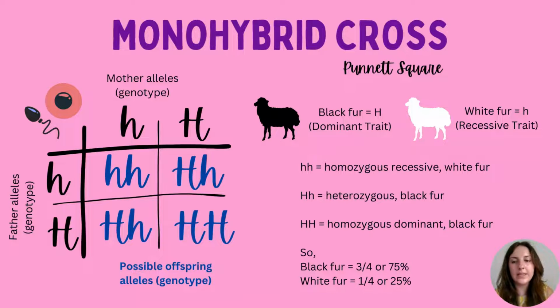Just because, let's say, one sheep had a black-furred offspring, it doesn't mean that the next offspring they have is going to be a white-furred offspring. It could, again, be a black-furred offspring. It doesn't matter. The egg and sperm is just a random event. So that's always going to be the case. The likelihood is going to be 75% black and 25% white fur, and this is just for this random example that I've made up for you guys.